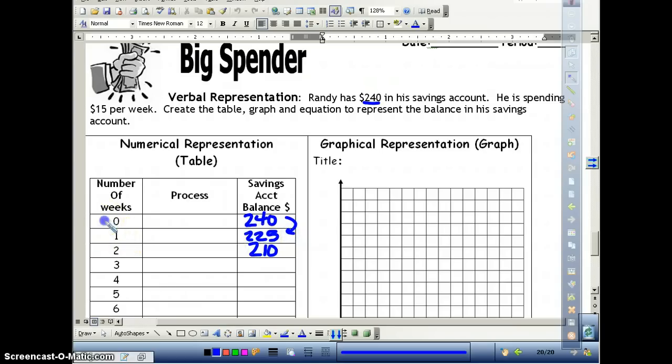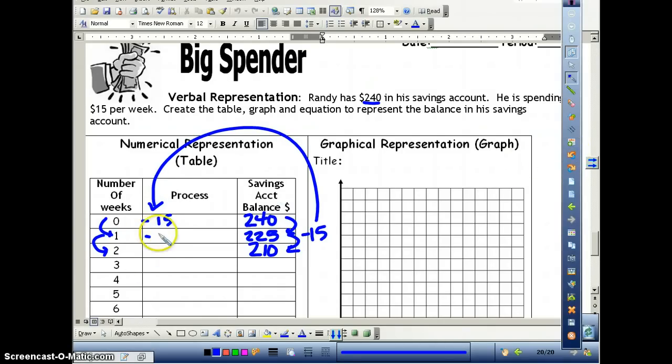And as our x's increase by 1 each time, what's happening with our y's? Yeah, they're decreasing by 15. So that's your hint in your process. That's the first number that goes in here. All right? And then I told you guys your little hint is the next thing you're going to do is multiply by what?